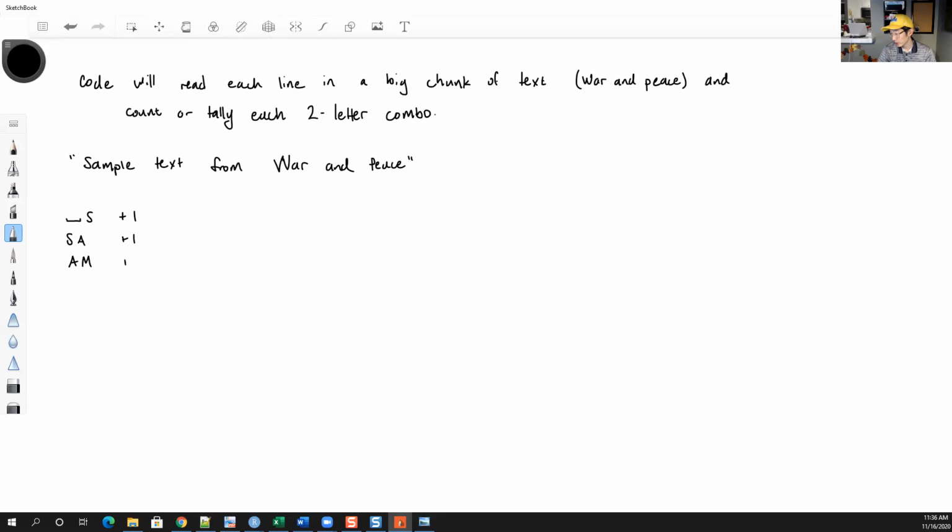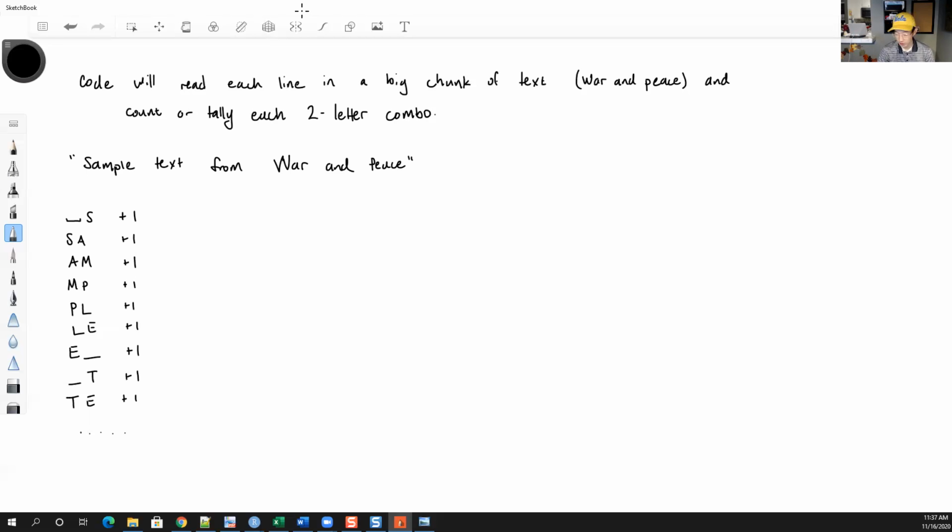AM plus 1, MP plus 1, PL plus 1, LE plus 1, E space plus 1, space T plus 1, TE plus 1, et cetera, et cetera. So it's going to go through and look at each two-letter combination in here, and it's going to tally them up.